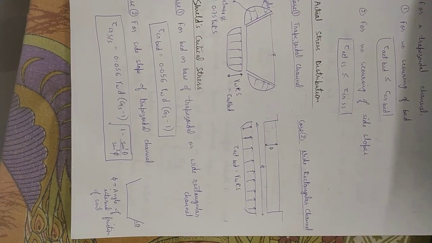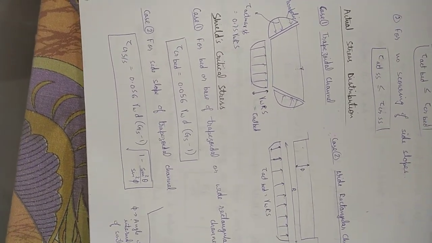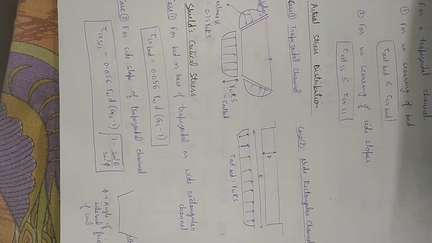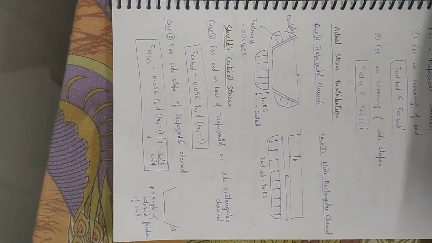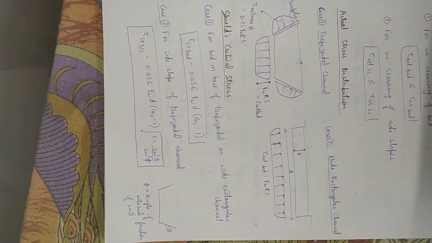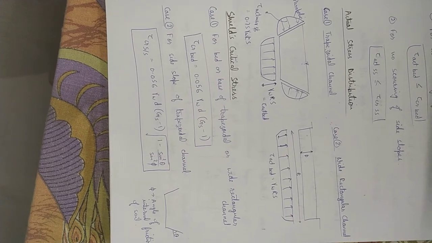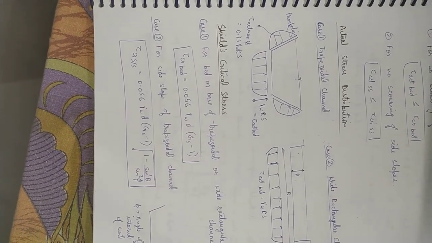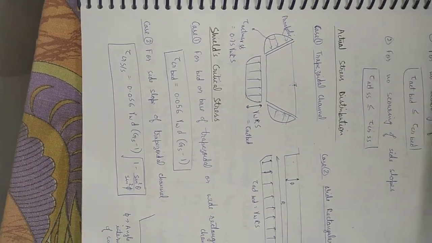The stress distribution on the trapezoidal channel for the bed as well as side slope is as given in the figure. For bed, it's equal to gamma W RS, and for side slope it's 0.75 gamma W RS.